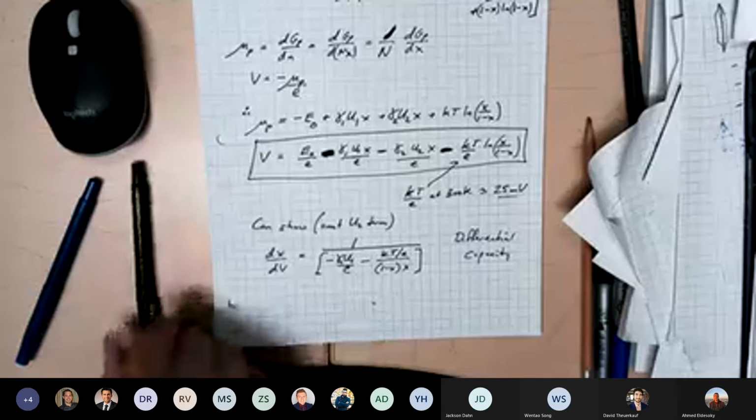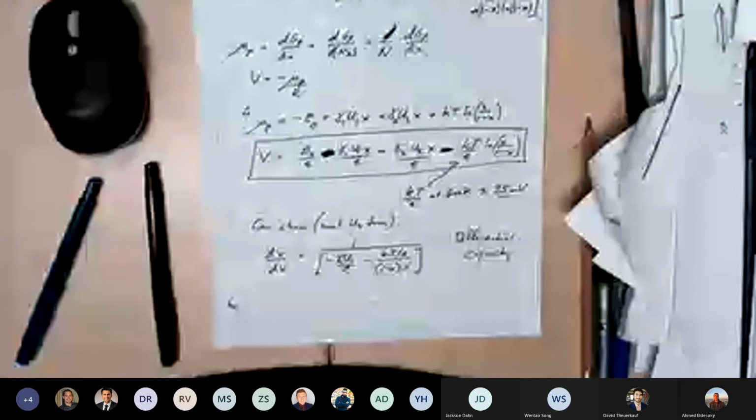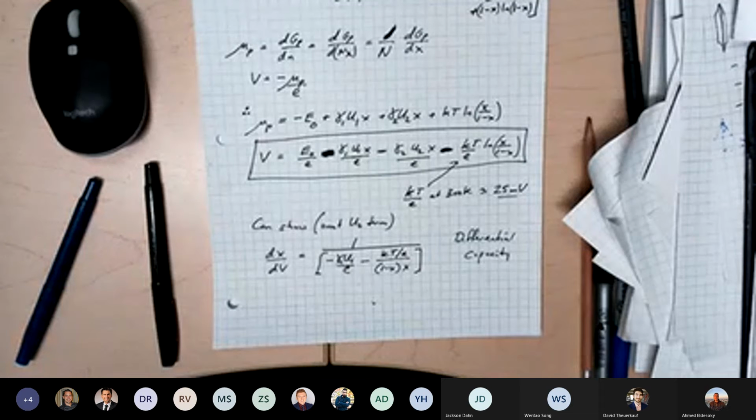What do you learn? Does anybody have any questions about these equations, where they come from, before I start talking about what happens when we play around with these equations?